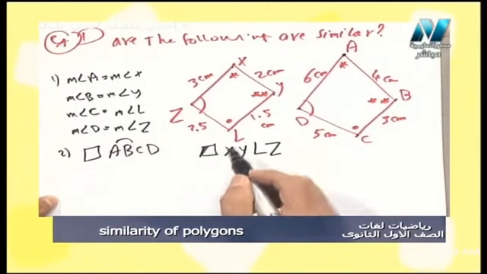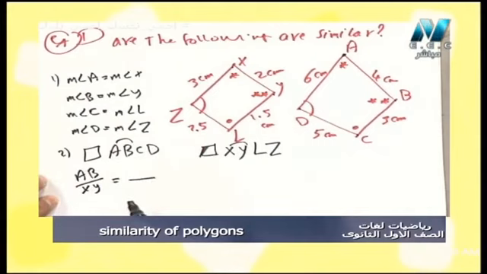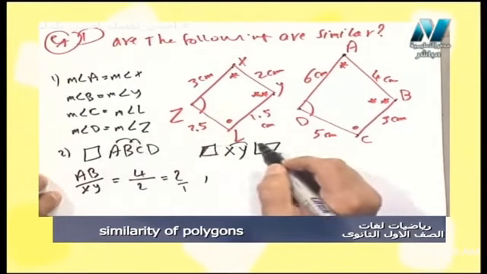We say AB over XY equals what? AB here equals 4 centimeters and XY equals 2 centimeters, so it equals 2, or 2 over 1. Let's go to the second one, BC over YL.